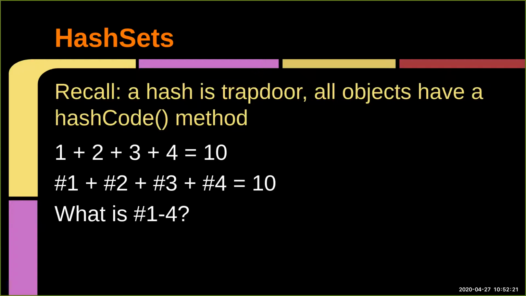So yeah, hashes are trapdoors. Hopefully they work one way, but the output of a hash needs to be limited, because that's the size of the array that it's going to be placing it in.